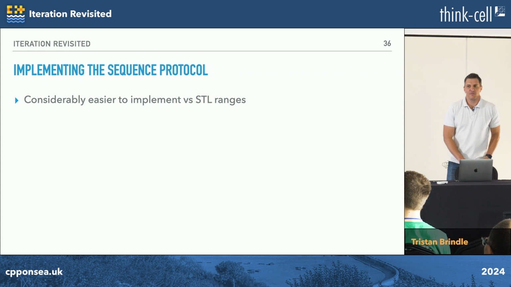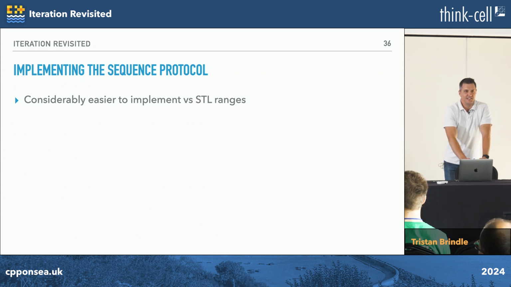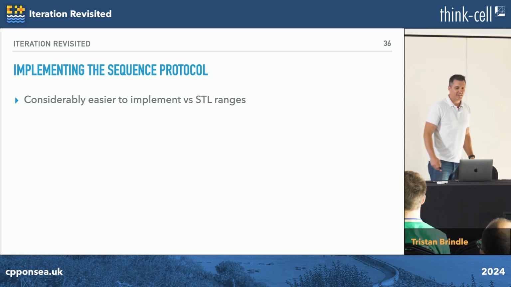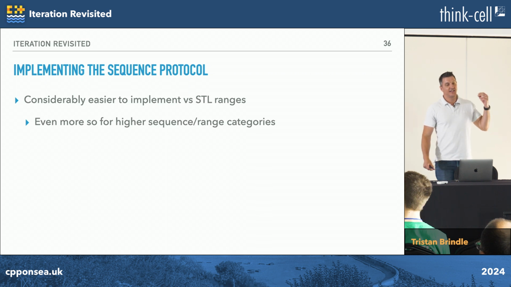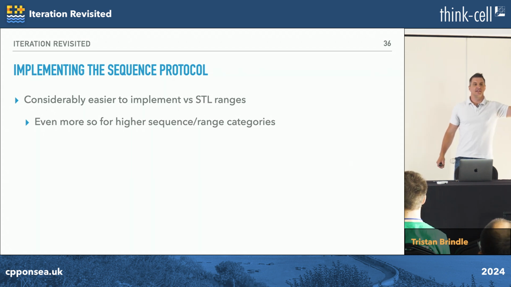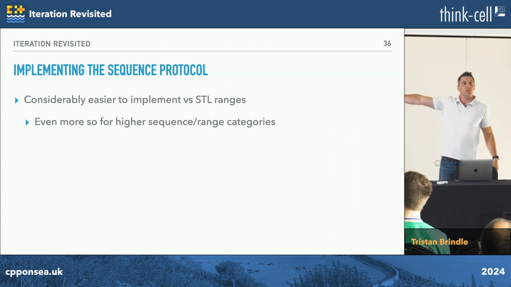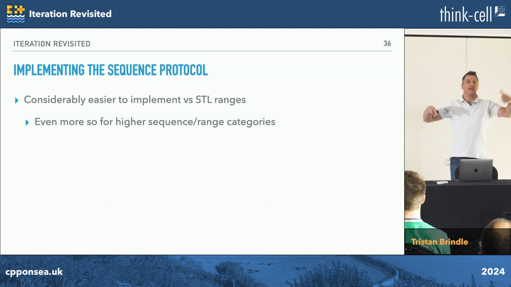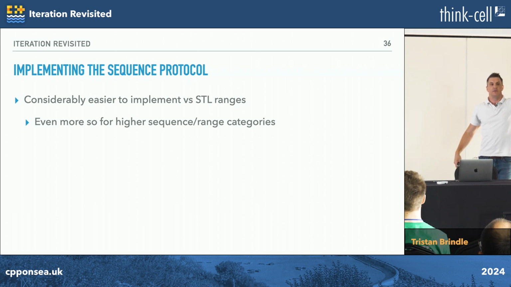I am of the opinion that this is considerably easier to implement than STL ranges. You might say, well, you wrote it, of course you think that. But I think it's very much easier when we go to higher sequence or range categories. If we wanted to take myArray and make it a bidirectional range, we have one more function to write, which is dec.